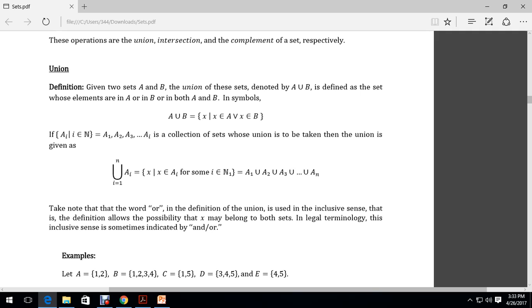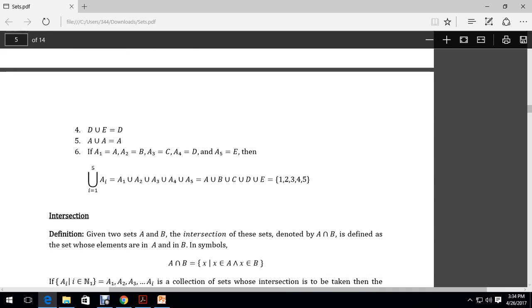Now, we let A sub I be a collection of sets whose union is to be taken provided by this symbol. You have a large symbol for the union for all the members of A sub I, which is simply stating that we continuously take the union of all the members of this collection of sets. So meaning you have A sub 1 union A sub 2 union A sub 3, up to union A sub n.